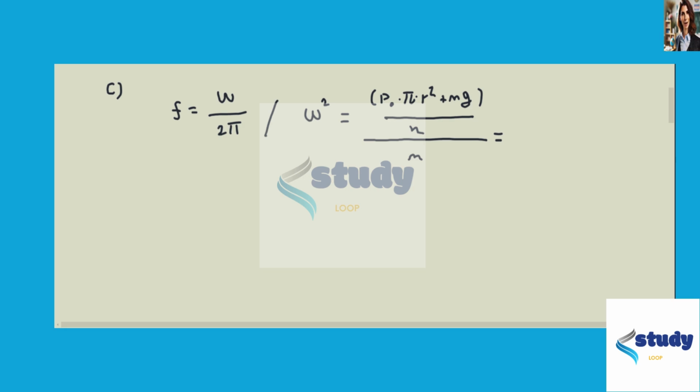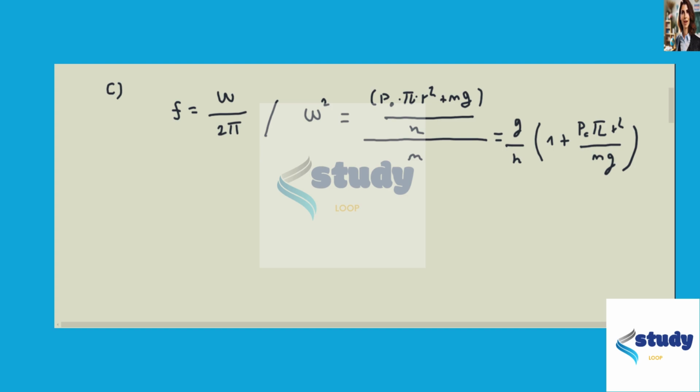To make some algebraic transformations here so this looks better, it is going to be g over h times 1 plus P0 pi r squared over mg.